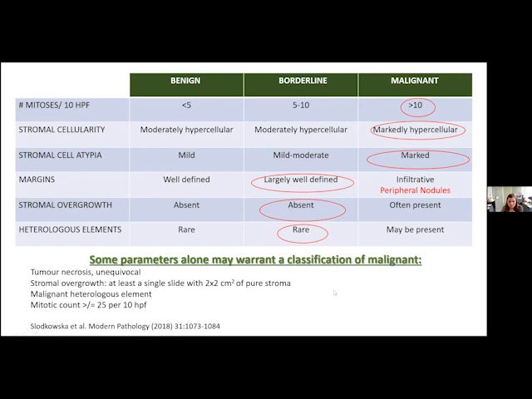In some reading I have done, there was a very nice paper from Dr. Slodkowska, who I see is also on the call today.